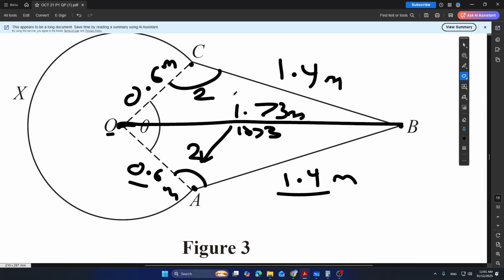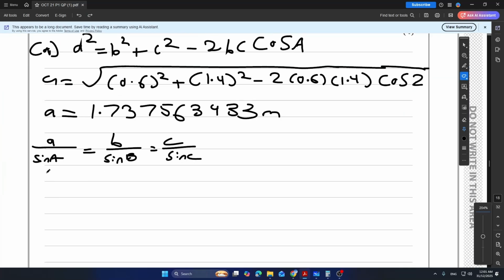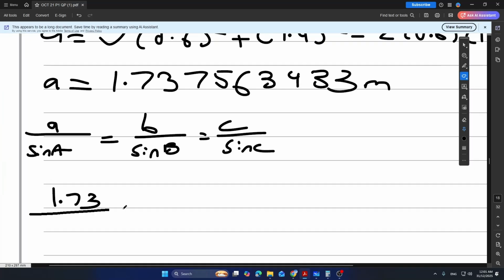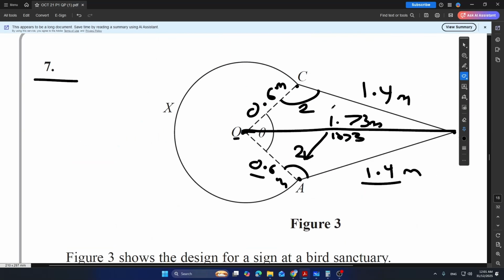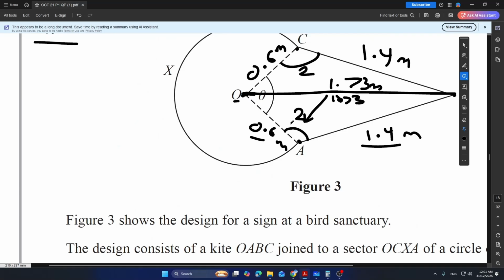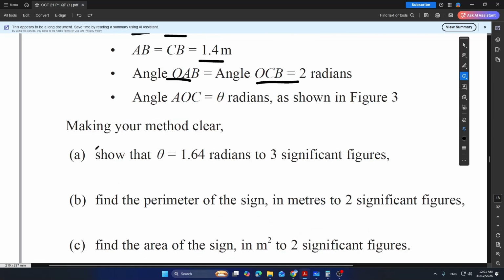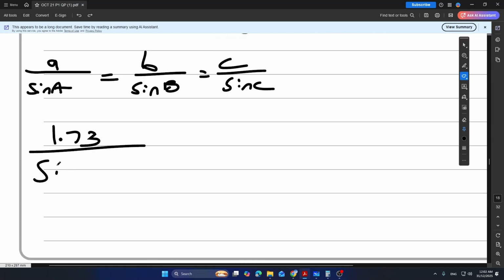We have a side which is 1.73 over sine a. Sine a is the angle opposite, which is 2. So 1.73 over sine 2, see opposite here.